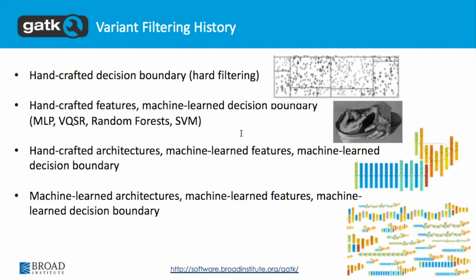We implement the architecture of a convolutional neural network, and we provide it with the sequencing context and the annotations, and we have our truth data, and we train a neural network, and we do filtering that way.